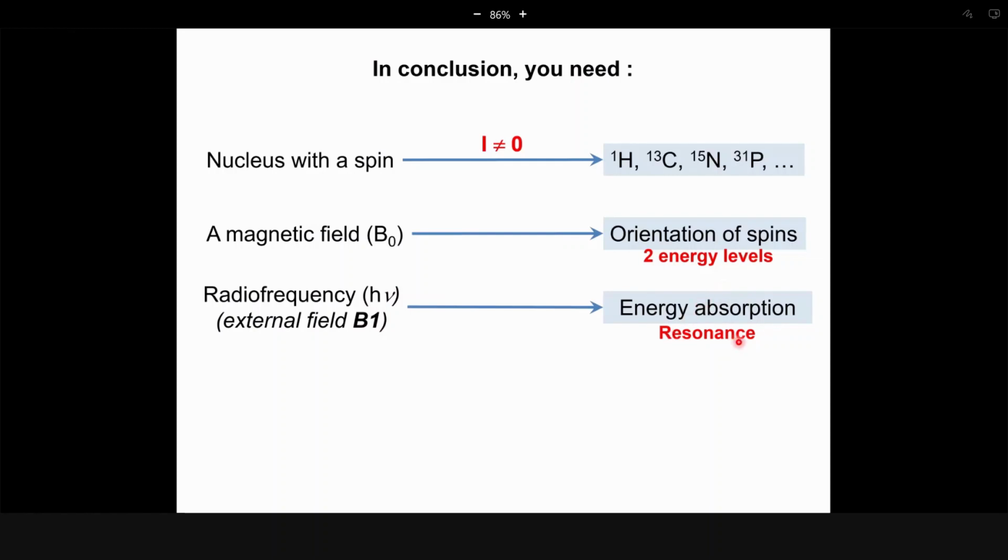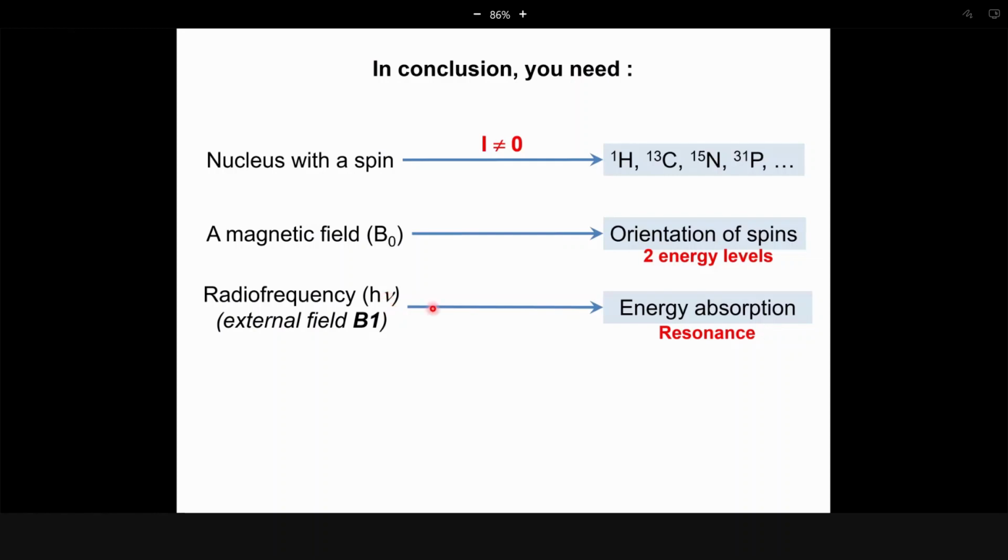And this phenomenon, the resonance, is directly linked to the frequency. So we talk about frequency of resonance, and this frequency for one nucleus will depend on the other atoms to which this atom is linked in the molecule, in the chemical structure.